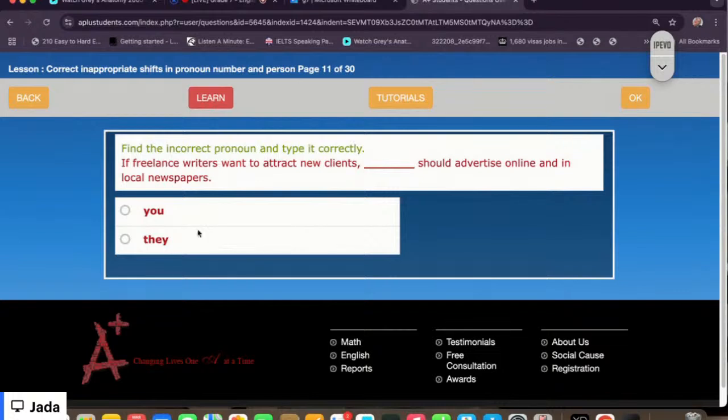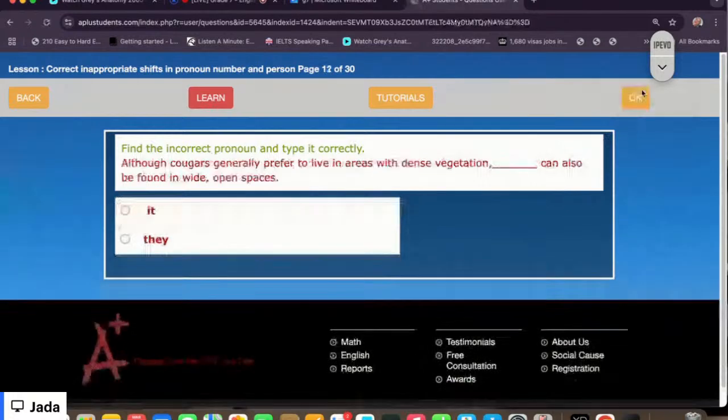Okay, so they should advertise online and in local newspapers. So we have the next.